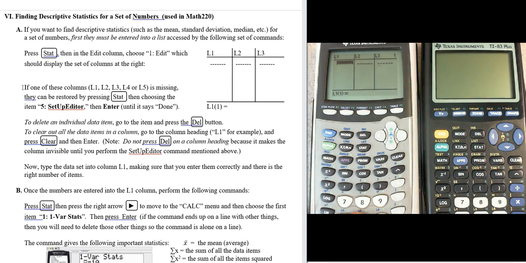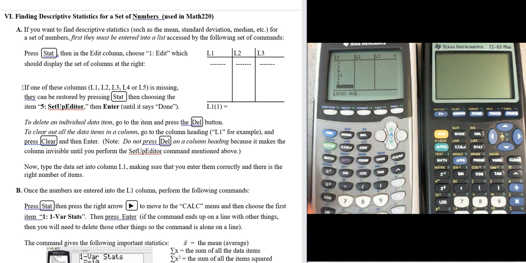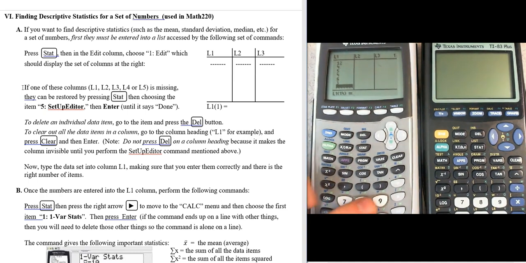So I'm going to put in 5, 8, 4, 6, 7, 7, 9, 12, 4, 5, 4 again, 6, 3, 9. So there I got a bunch of numbers. Now how many numbers do I have? Well, actually, I've got not 15 numbers, but if I move up to the last number, that's number 14. So we've got 14 numbers in there, all right?